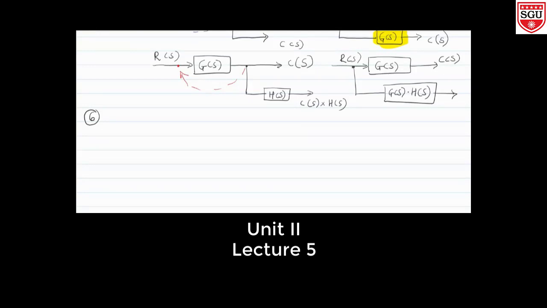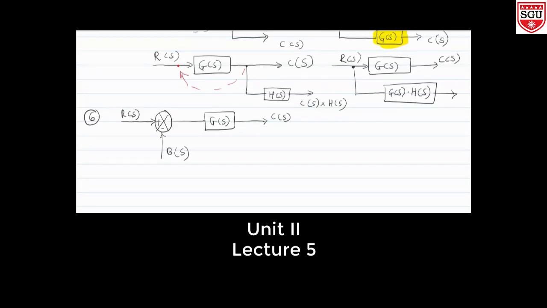For example, the same way R of S is input and there is one summing point as shown here, and from that summing point we are giving a signal to the G of S function block and we are getting output as C of S. To this R of S, some signal is coming to that summing point. Let's say it is B of S. This is the given condition.